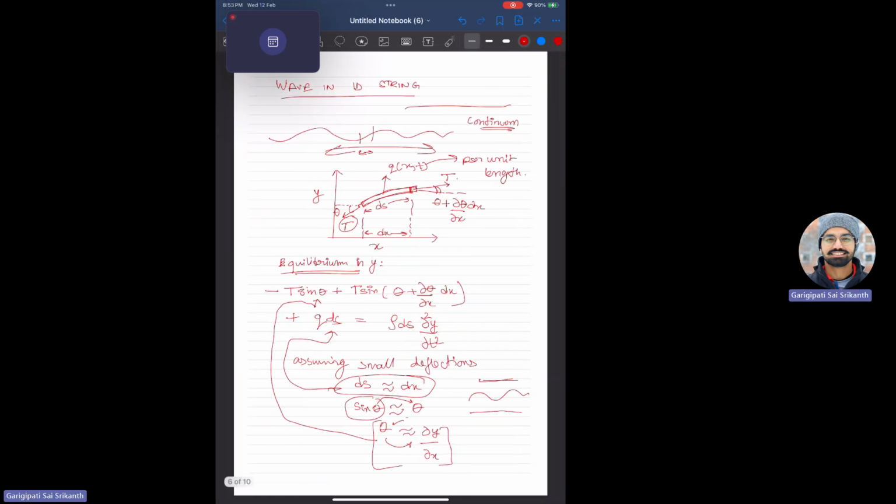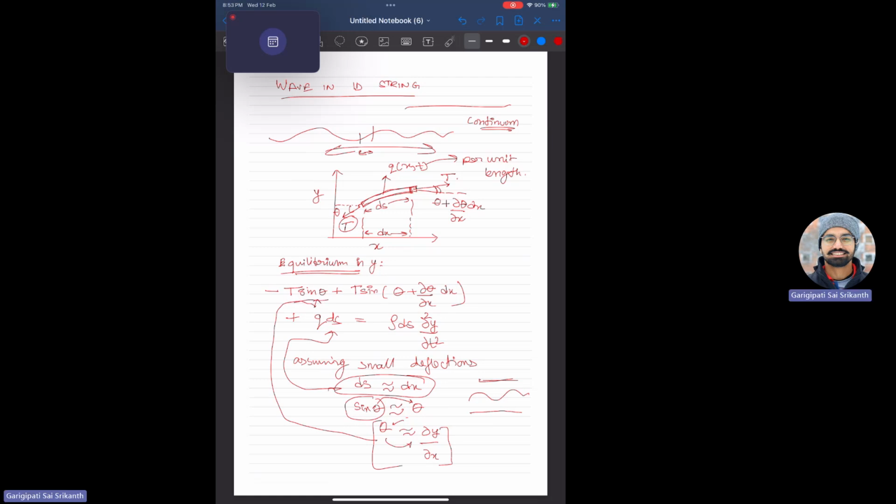Then we take the example of a string, and we try to derive the wave equation for the string. We highlight what the assumptions are in this. Then simply using Newton's second law, we write the equation.